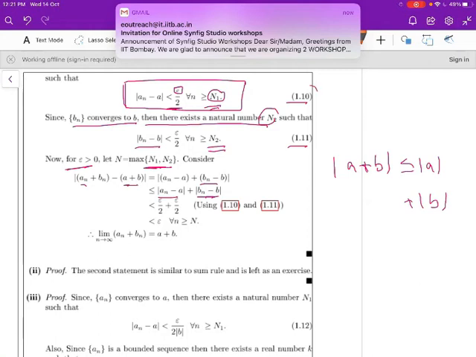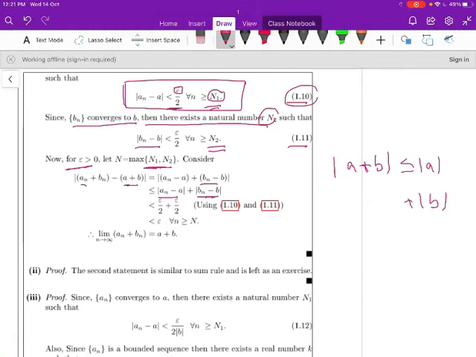With the help of equation 1.10, modulus of an minus a is less than epsilon by 2, and similarly using 1.11, modulus of bn minus b is less than epsilon by 2. Adding these two, we get epsilon. Therefore the limit as n tends to infinity of the sum of the sequences an and bn is equal to a plus b.